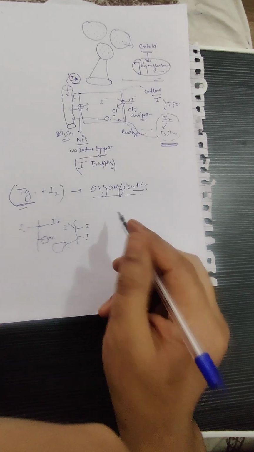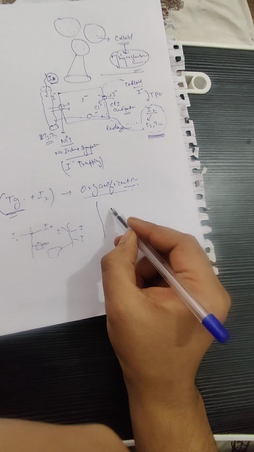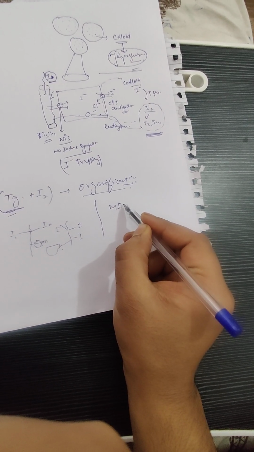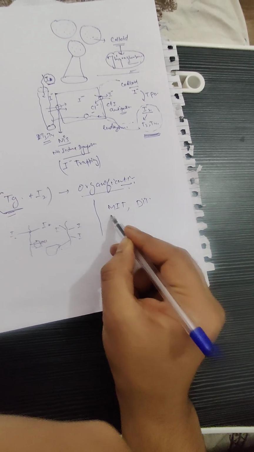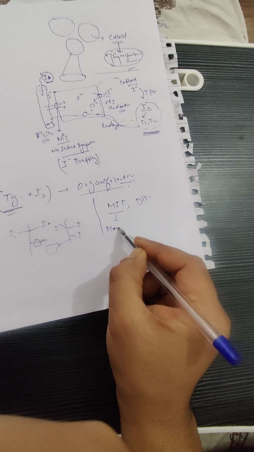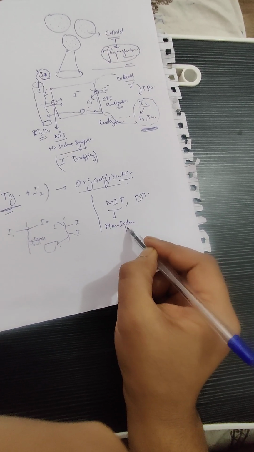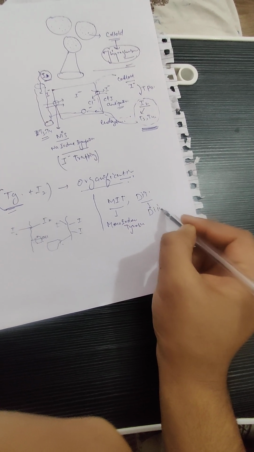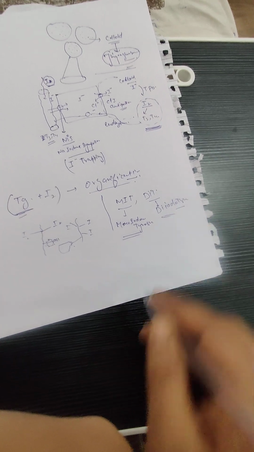Based on the number of attached iodine, it's known as MIT and DIT. MIT is called monoiodotyrosine, and DIT is diiodotyrosine.